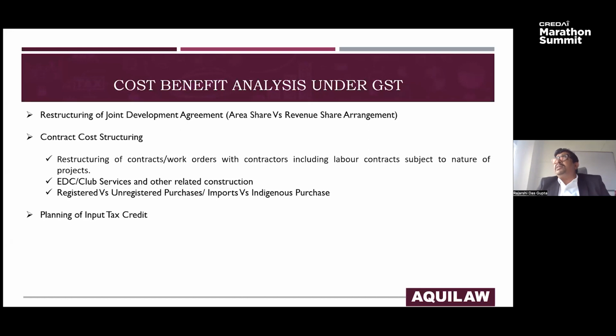Is it really liable to be reversed? In my view, prior to 2019, such reversal is not at all required. Even post 2019, there are a lot of gray areas in reversal. So can I plan my input tax credit to that extent?